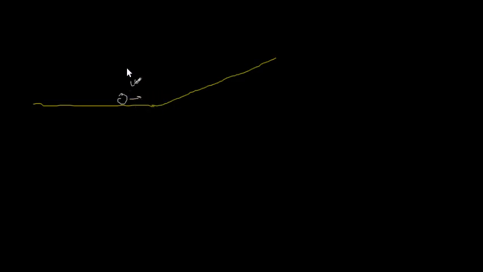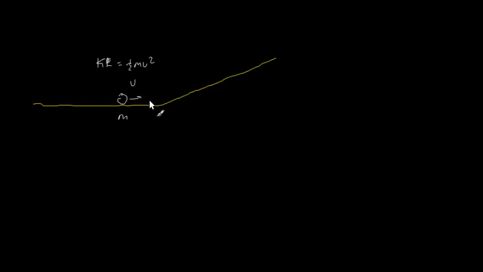So this ball takes off, assuming that the ground is quite frictionless. This ball takes off with a kinetic energy of half mv squared, where v is the velocity and m the mass of the ball.